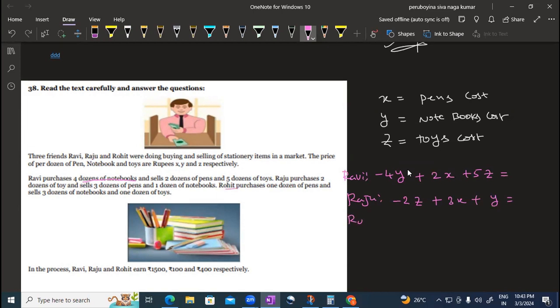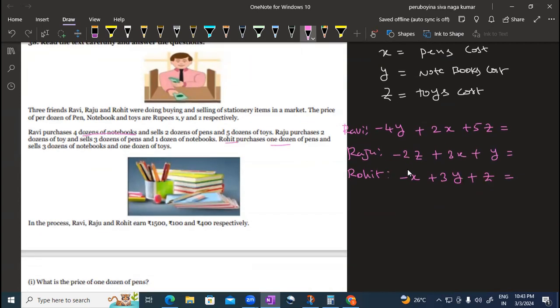Rohit purchases 1 dozen of pens. Purchase means negative. And sells 3 dozen of notebook y and 1 dozen of toys.